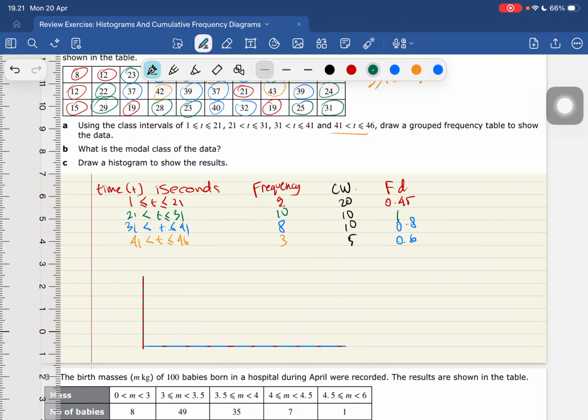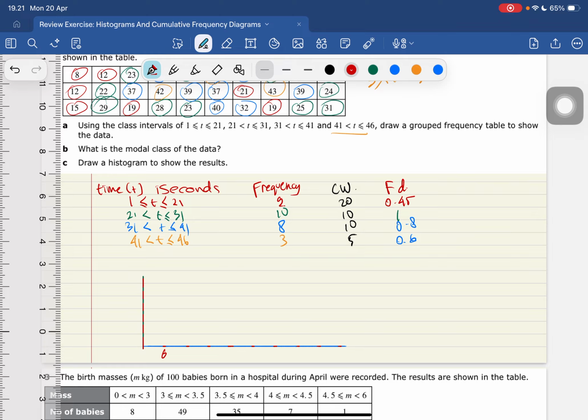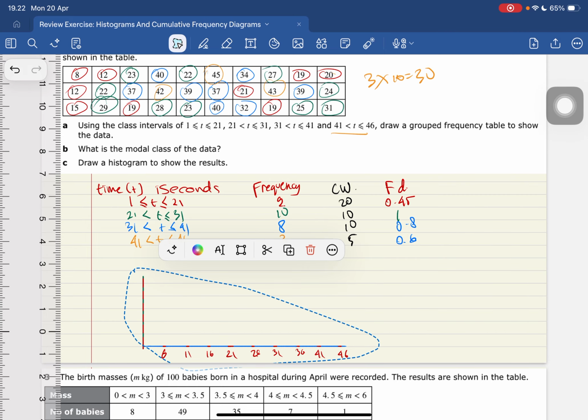For the time, starting from 6, we go 6, 11, 16, 21, 26, 31, 36, 41, and 46. I will move it up.